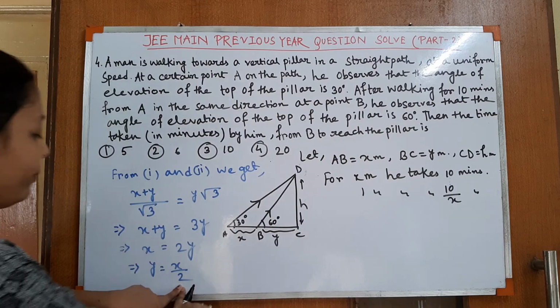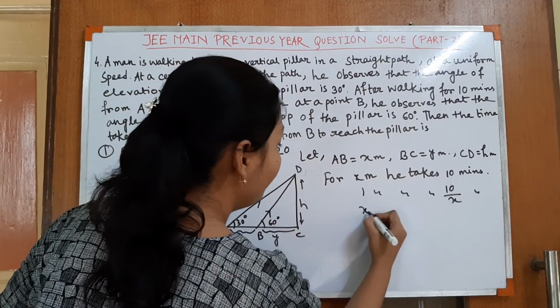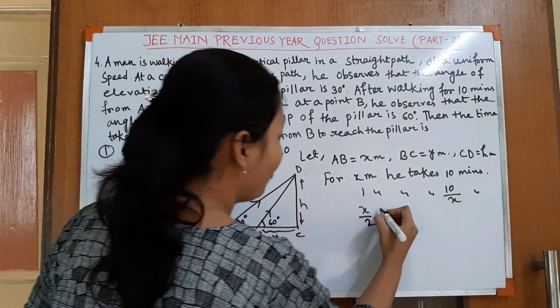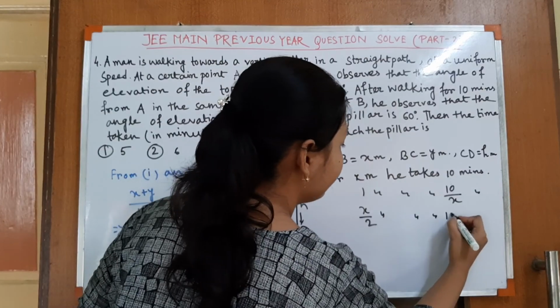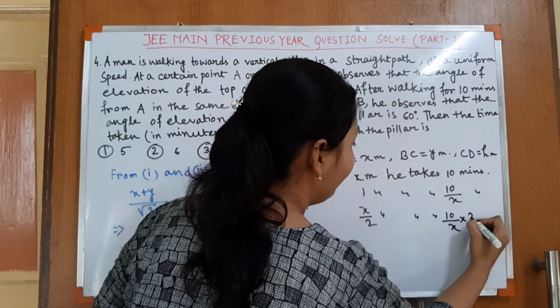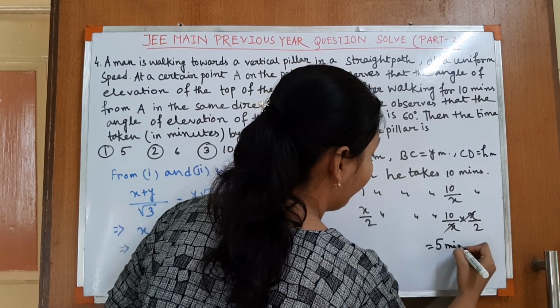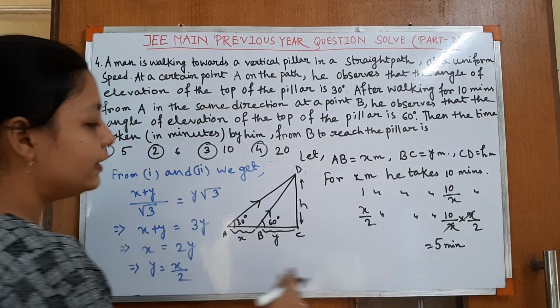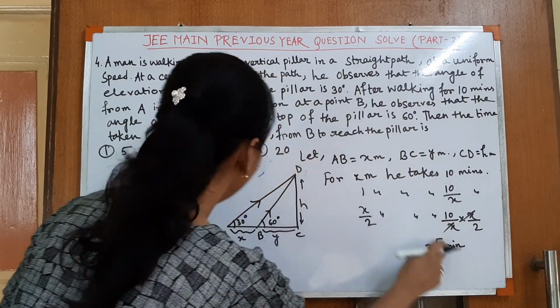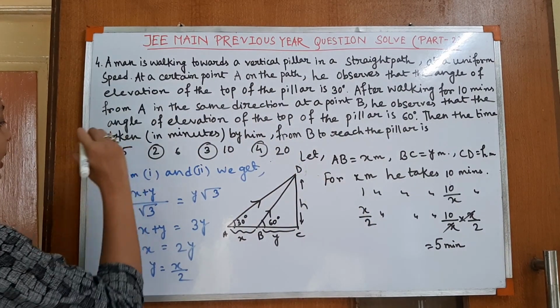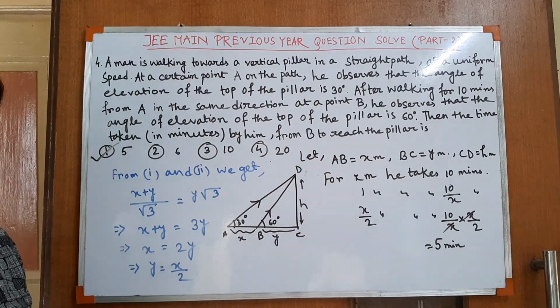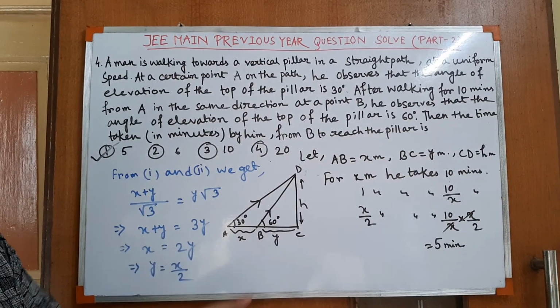So, if we replace y by x by 2, for x by 2 meter he takes 10 by x into x by 2, that is 5 minutes. So, this is our required answer, and option number 1 is the correct answer. Okay? Note down the given portion.